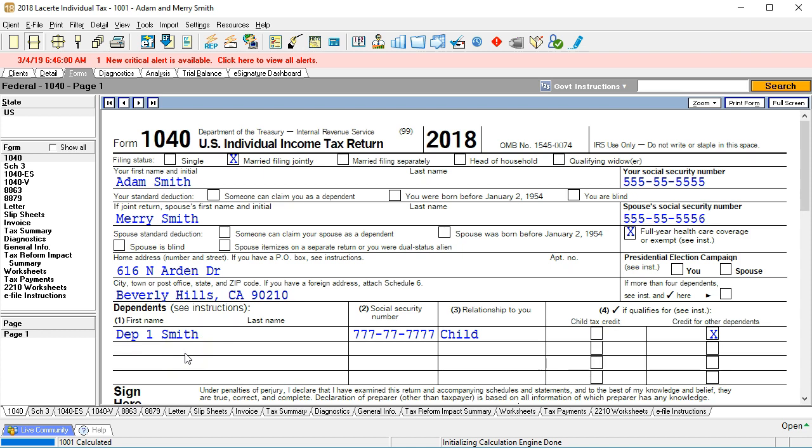So it'll be someone that will be reported here, either a qualifying child or a qualifying relative. So when we are thinking about deducting the student loan interest, it would typically have to be someone on the return, some Social Security number somewhere on the return, husband, spouse, and or dependents would typically be those individuals.